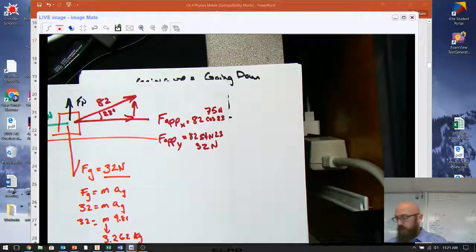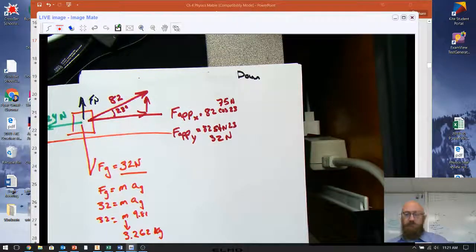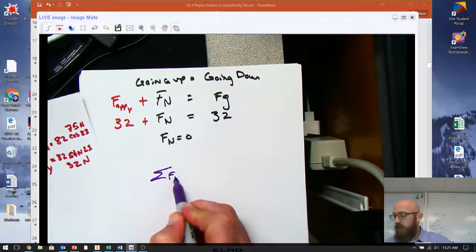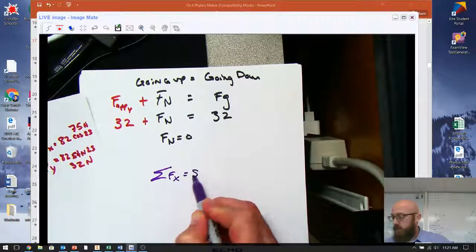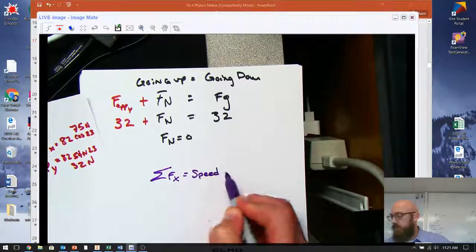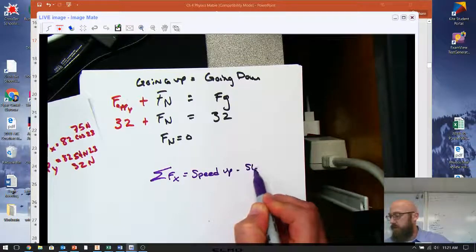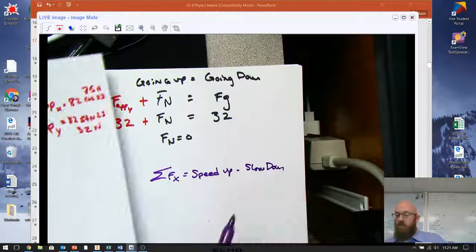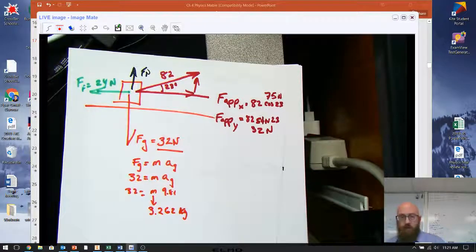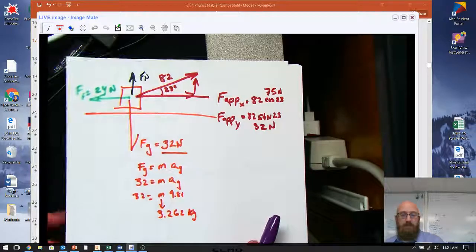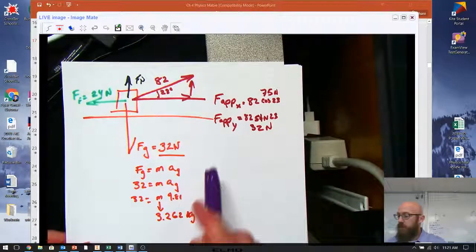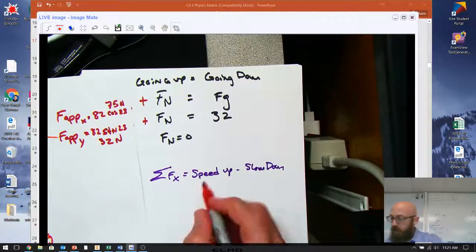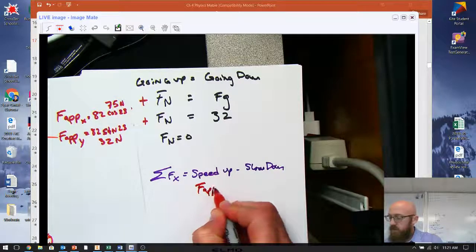We need to summarize this and come back to the original question. Sum of the forces in the x direction: speeding you up minus slowing you down. Are we sliding down a hill in this question? No. The only thing that's speeding us up is the force applied in the x.